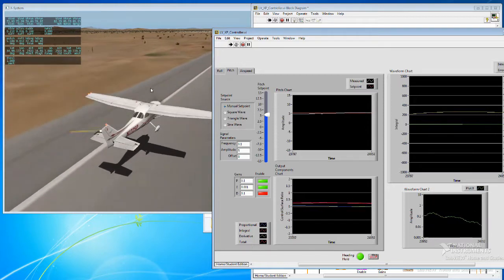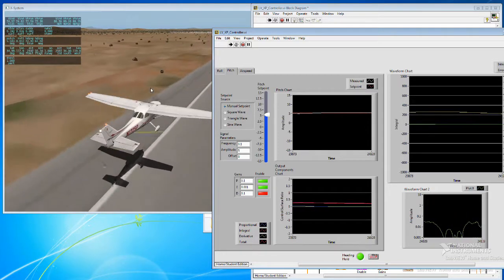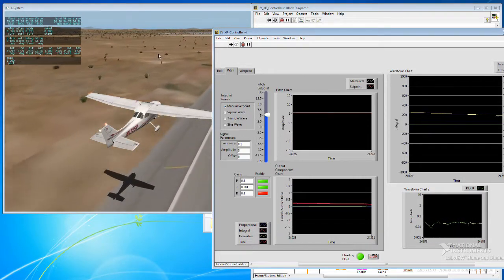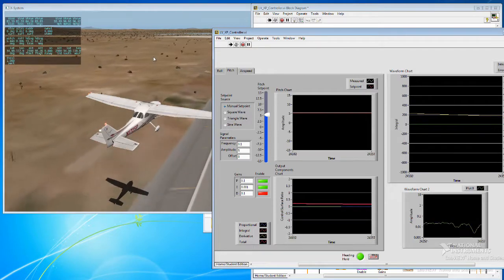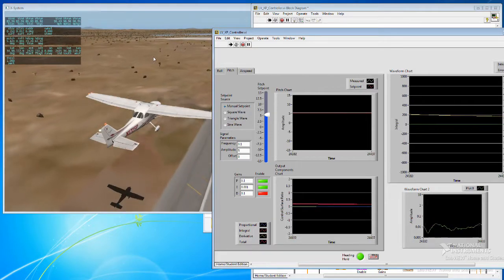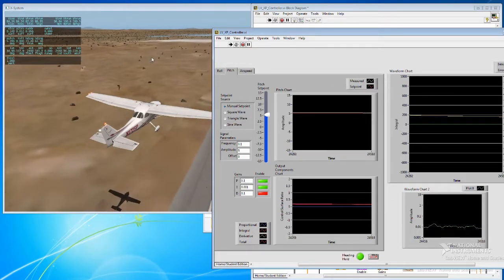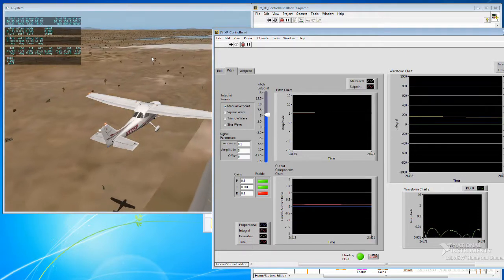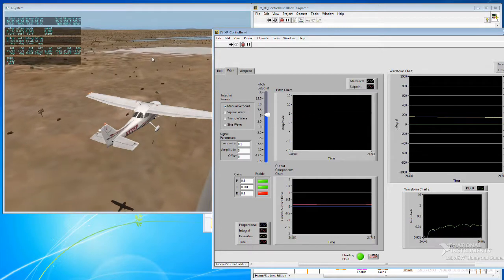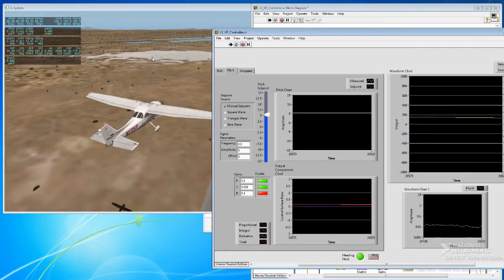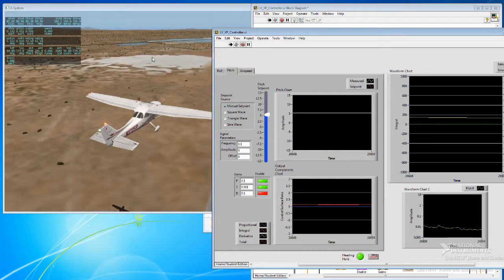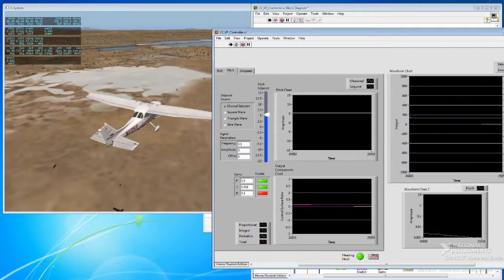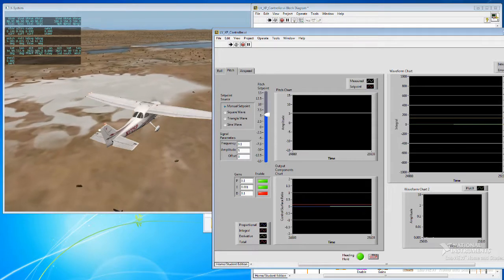So in this particular situation, that looks like it works pretty well, but I just want to emphasize again, there's a lot of different combinations of conditions that our aircraft can experience, and it might not work for all of them. That's one of the reasons why simulation tools like this are so valuable, because I can play with 1,000 different situations, and I'm never going to damage an aircraft, I'm not going to burn any fuel, I don't even have to go outside if the weather's horrible.